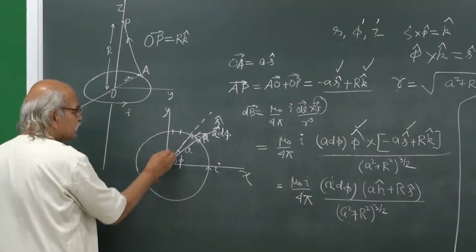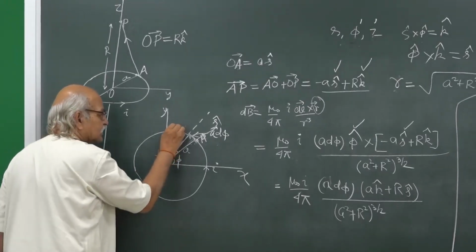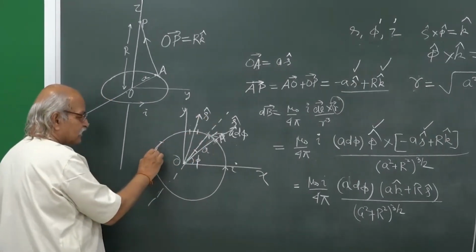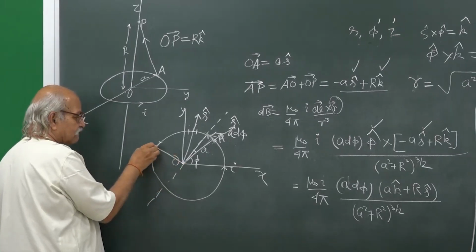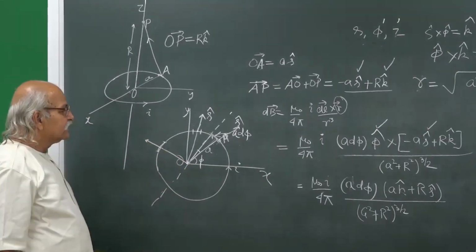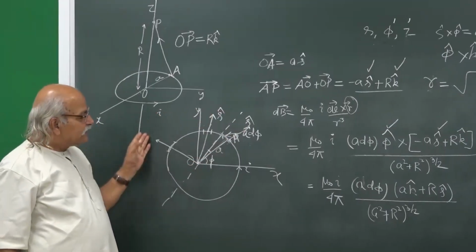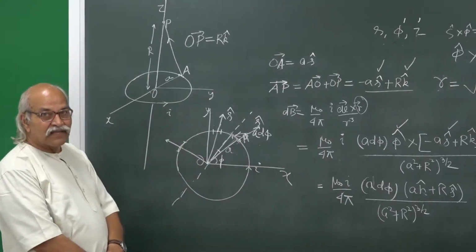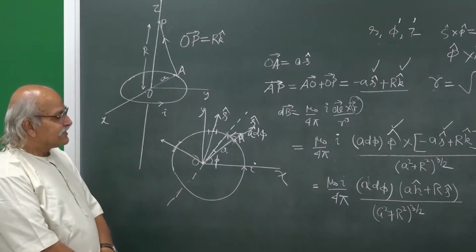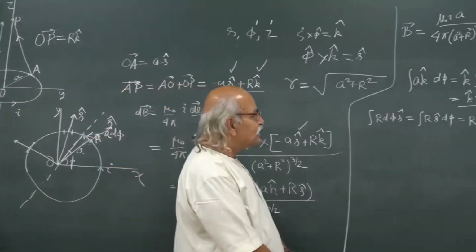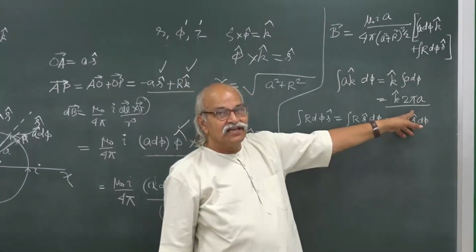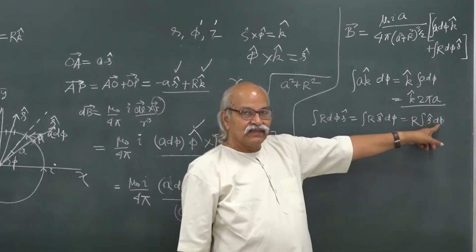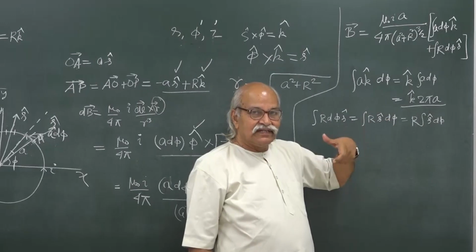So, if my element is here, then s cap vector is this one. If the element is here, then s cap vector is that one. So, this s cap vector keeps changing as you change phi from 0 to 2 pi, and therefore, you cannot take it out.